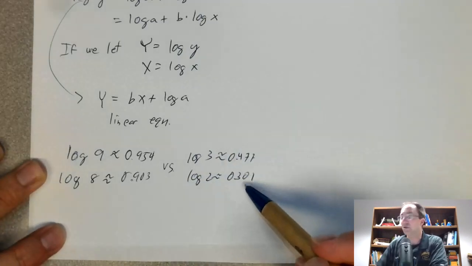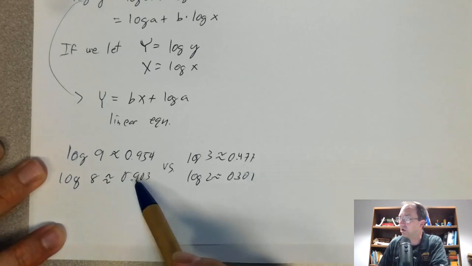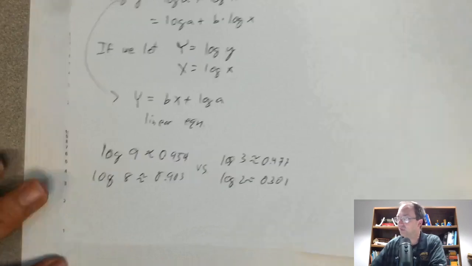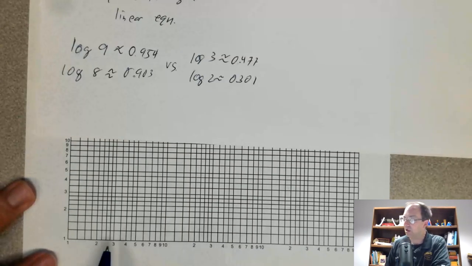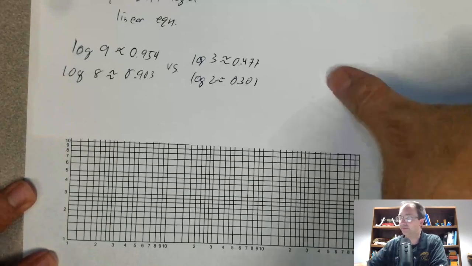So notice there's a larger gap between the logarithm of 2 and 3 versus the logarithm of 8 and 9, even though they're just one unit apart from each other. And so that's why we see here that the gap between 2 and 3 is more than the gap between 8 and 9. And so that exact relationship is shown in this scale.